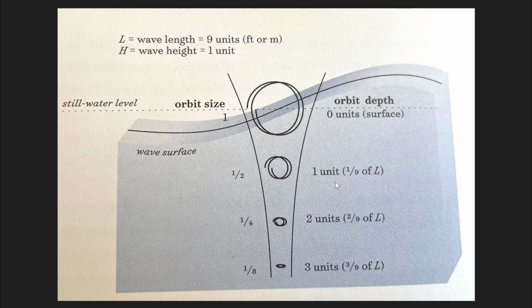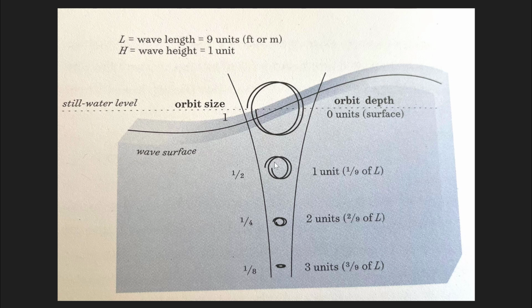The wave height is 4 feet, and subsequently the orbital diameter is 4 feet. Now, 1/9 of 81 feet of the wavelength is 9 feet, so 9 feet below the surface of the water, the particle orbits are only 2 feet in diameter. They're half of the 4 feet.